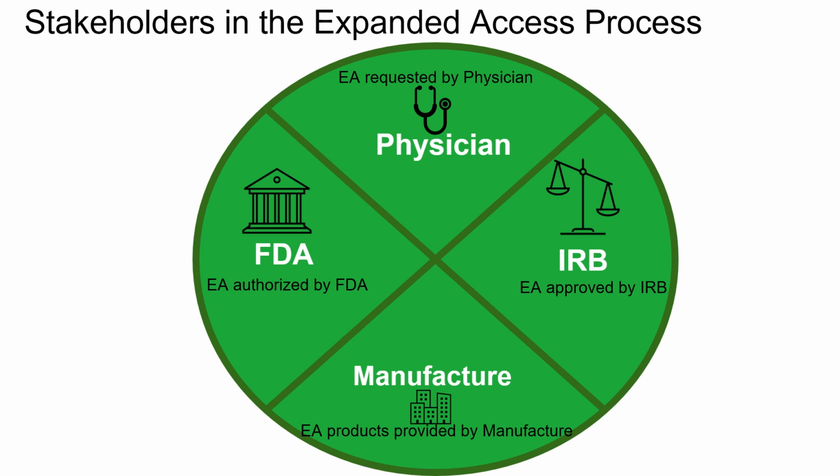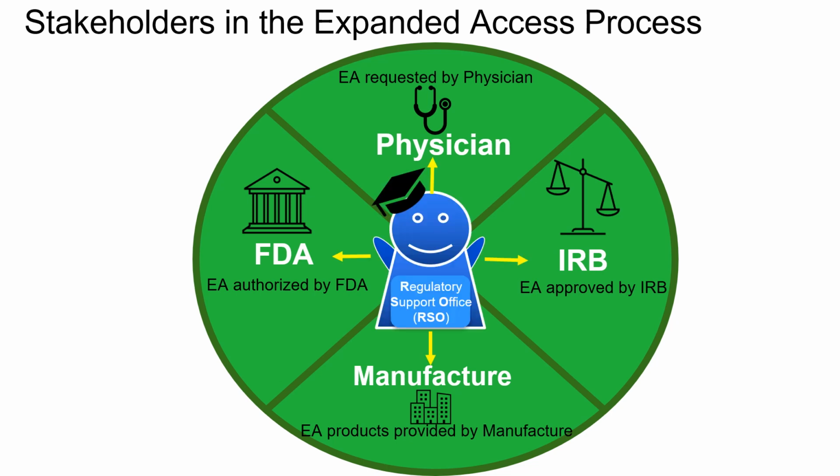The manufacturer must agree to provide products, and the expanded access request must be authorized by FDA and approved by IRB for non-emergency requests, and FDA must be notified for emergency requests before the physician can use them to treat patients.